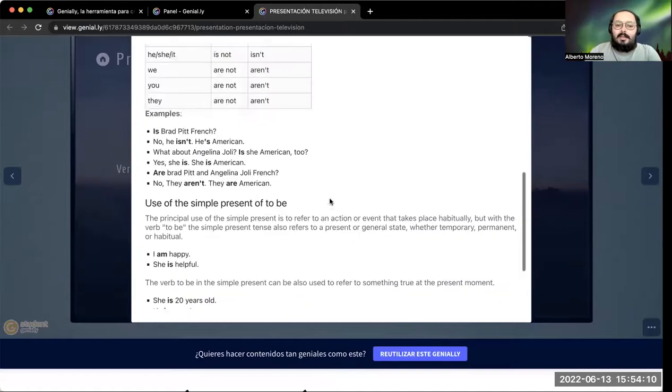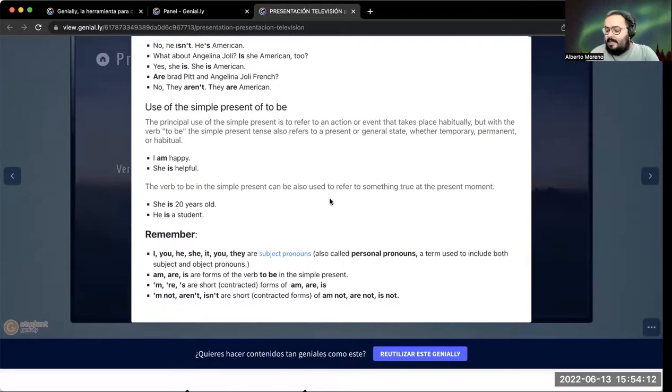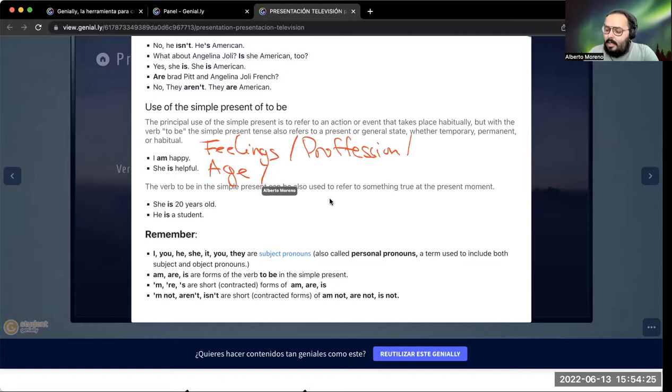Also, remember the verb to be in the present tense is useful to talk about feelings, age, profession, nationality, etc. Okay, this is the most useful.